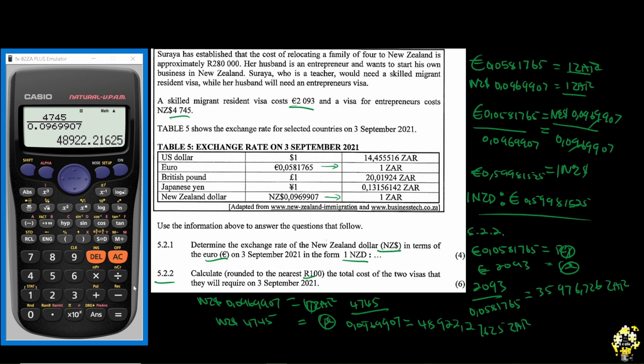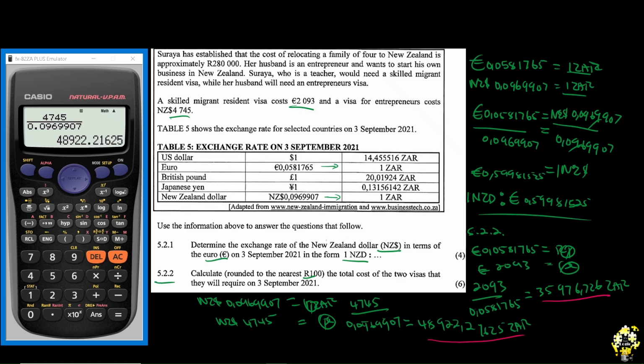ZAR as well. Now we have to, using a different color, add these rands to these rands and see exactly how much will they need in total. So let's continue.